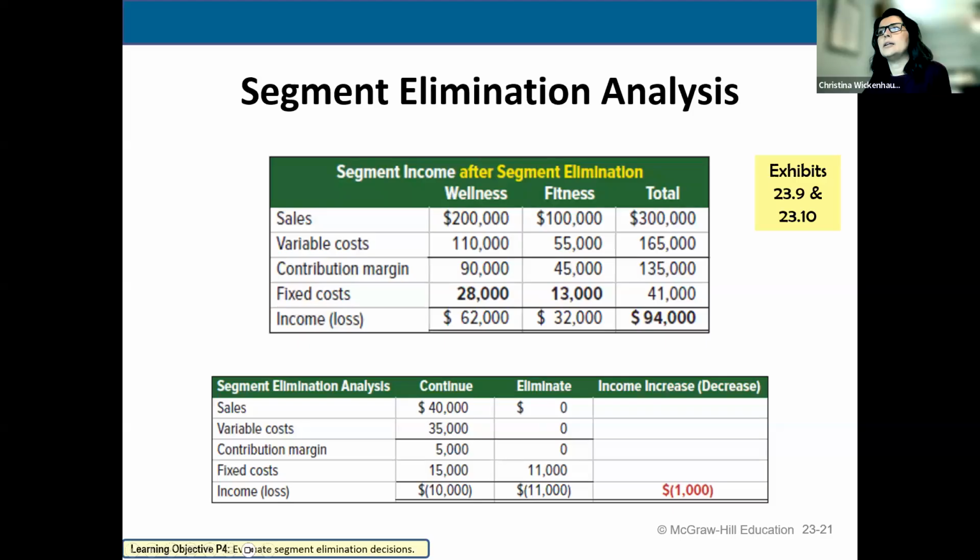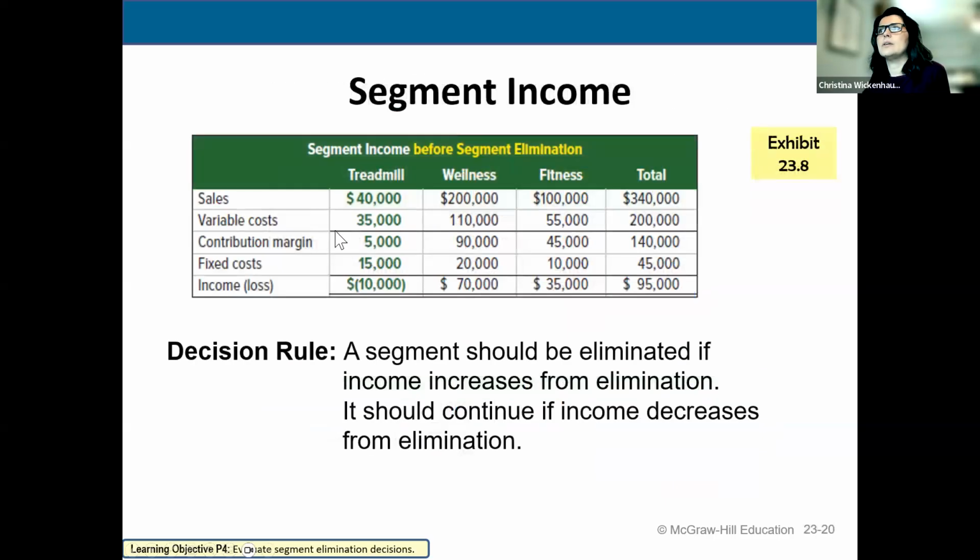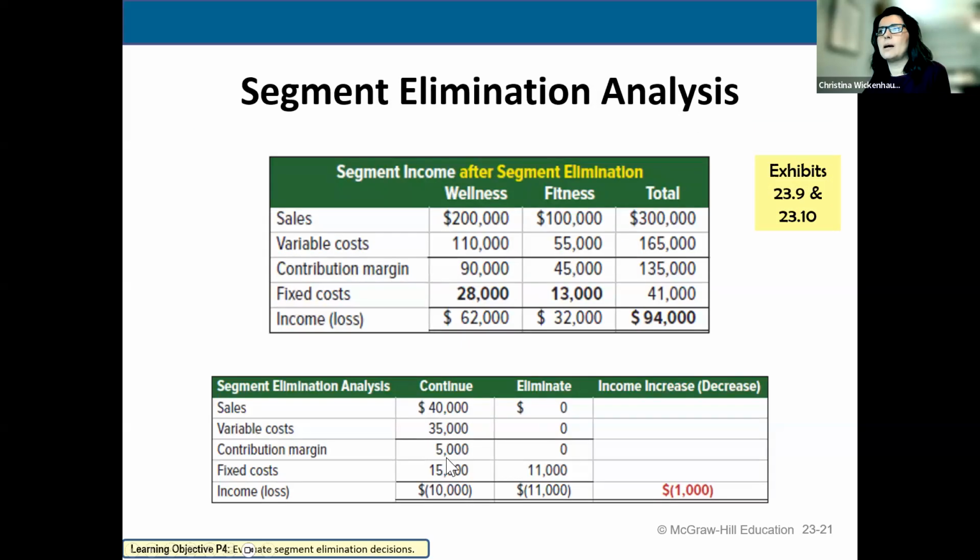If we look at continuing it, if we continue it, we're going to lose $10,000. So we had sales of 40. So if you look here, 40, 35, 5, 15 gives us a loss of 10, right? So that's the same information that's popping up here.